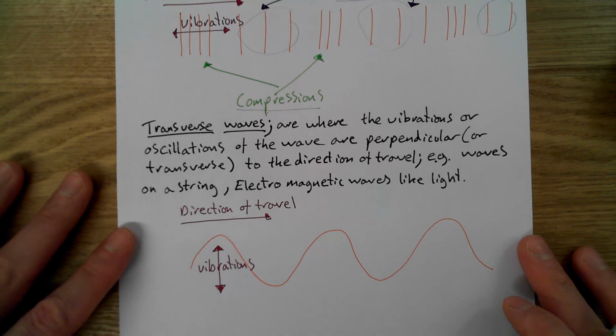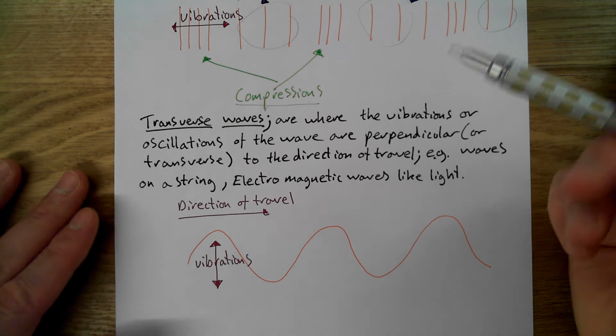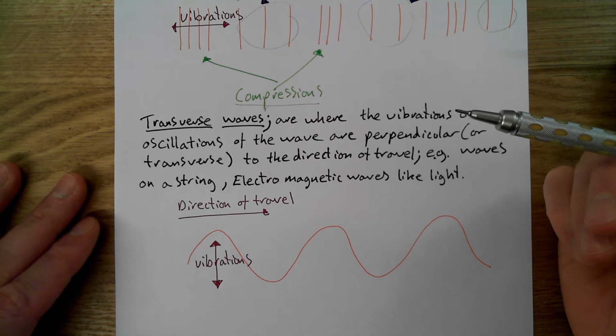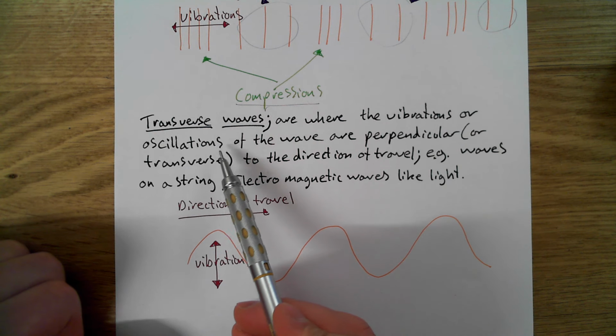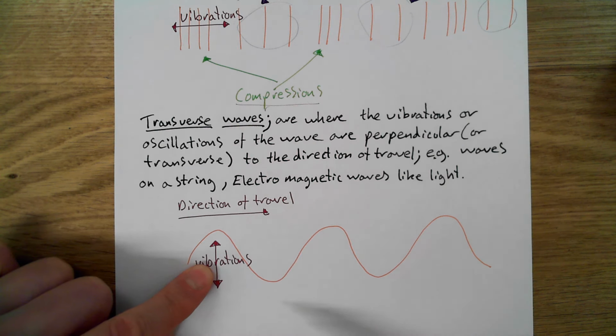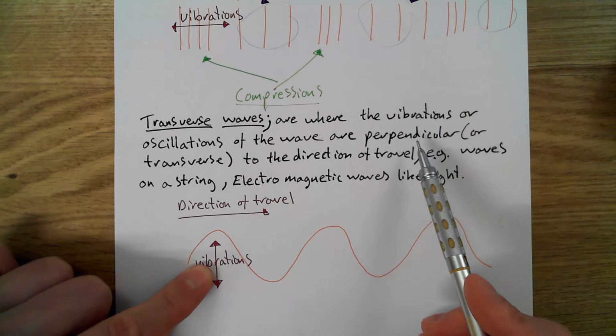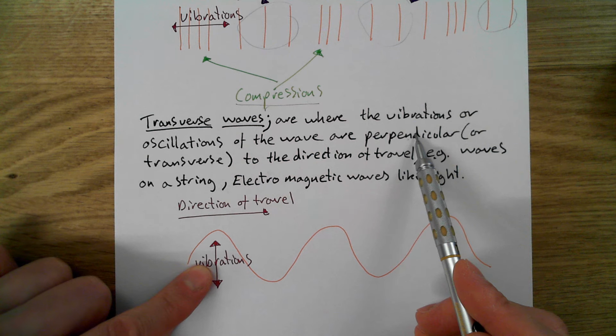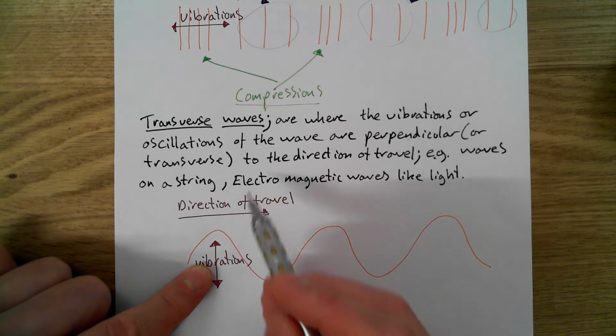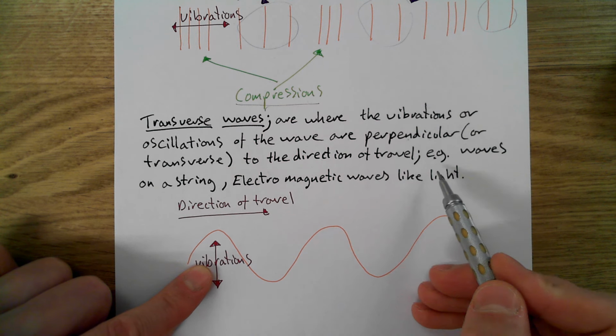Let's just talk about transverse waves. Okay, so the other type of wave you need to know about is known as the transverse wave. And transverse waves are where the vibrations or oscillations, you can see here, are perpendicular or transverse, that means the same thing, perpendicular or at right angles to the direction of travel.